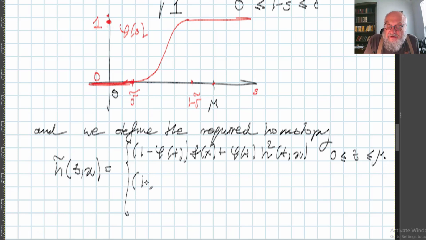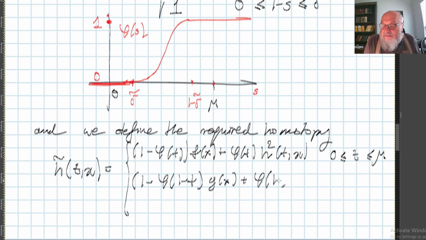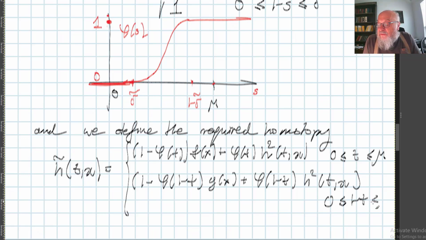And the second one will be 1 minus phi of 1 minus t, times g of x, plus phi of 1 minus t times h2(t,x), in the case 1 minus t is smaller or equal than mu.